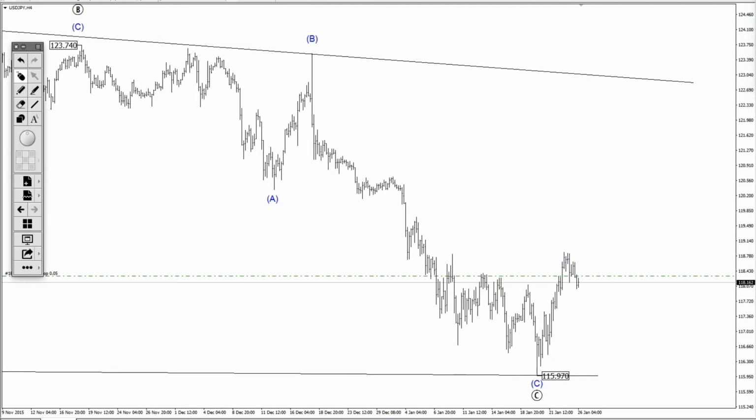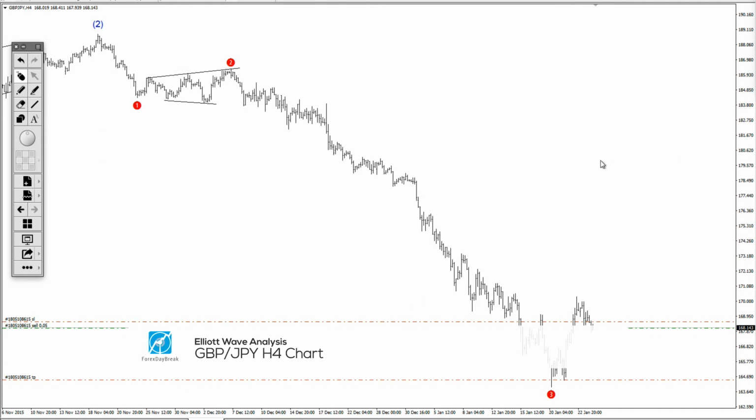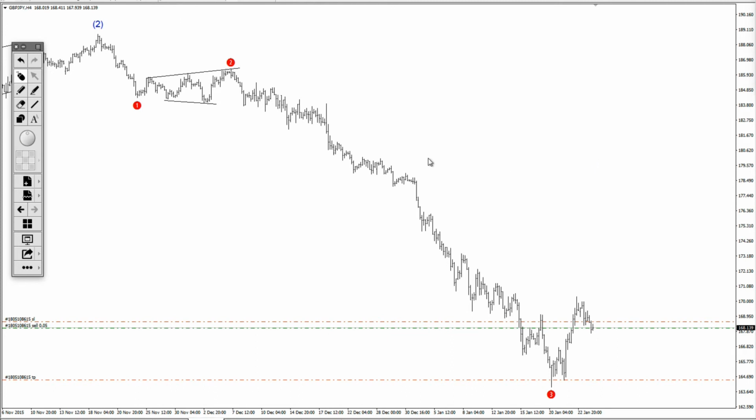We have one other trade, so pound yen. Pound yen has been on a quite nice decline. Minute wave 3 in my labeling is this large decline, so we can see quite clear 3 waves now, or possibly 4 waves formed now.